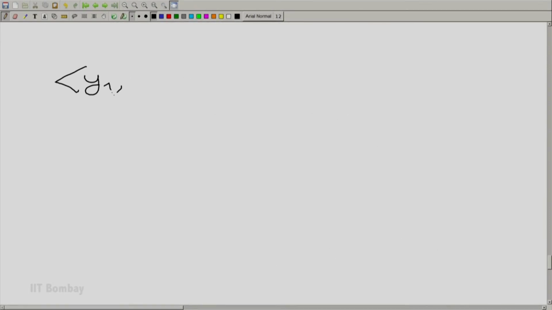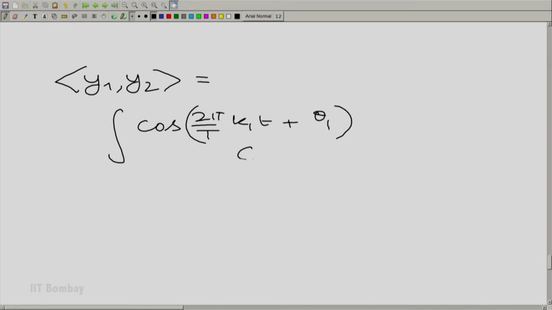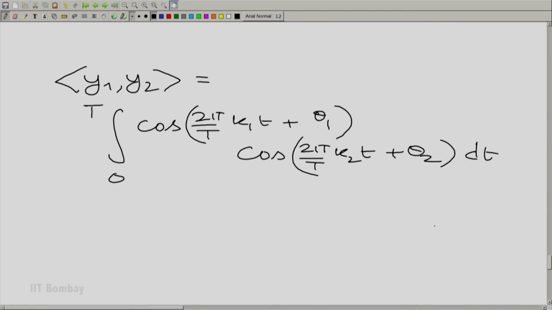So, here we go, the dot product of y1 and y2 is essentially the integral of cos(2 pi by T k1 t plus theta 1) cos(2 pi by T k2 t plus theta 2) dt, only between 0 and T. And you know how to split this product of cosines.